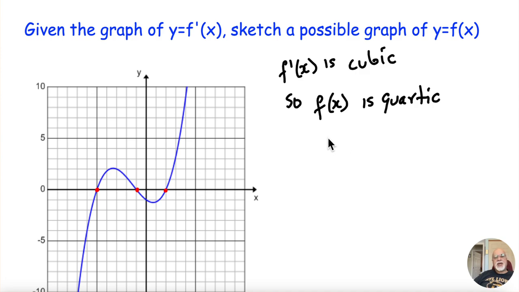And so its shape, for a quartic, would be something like this. So you could draw this. You just want to make sure that it has horizontal tangents, namely here, here, and here, wherever the cubic has its zeros. So one way of drawing this would be, wherever you see the x-intercepts of 0 here, you want to have a bump in the quartic. So we could be coming down, going like this. And then going up again.